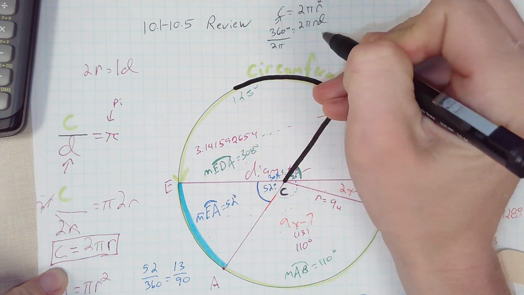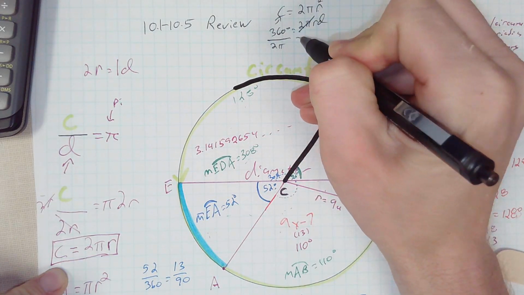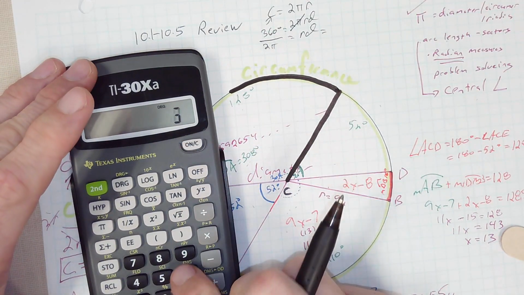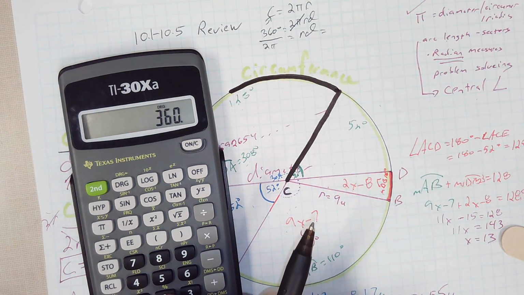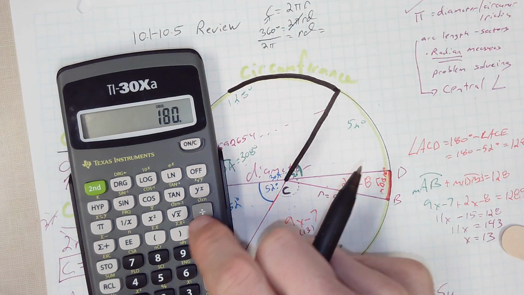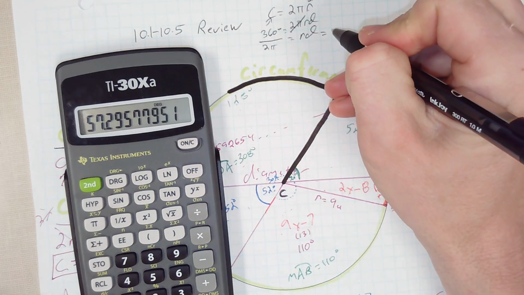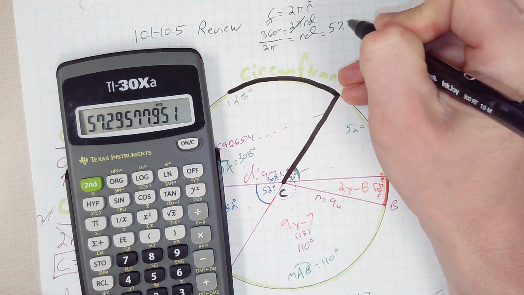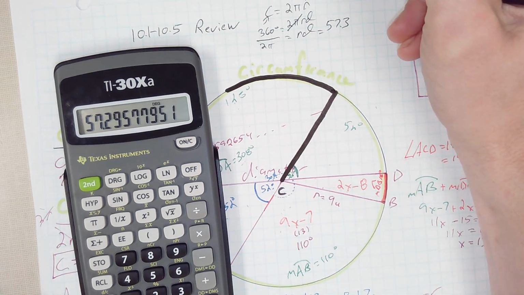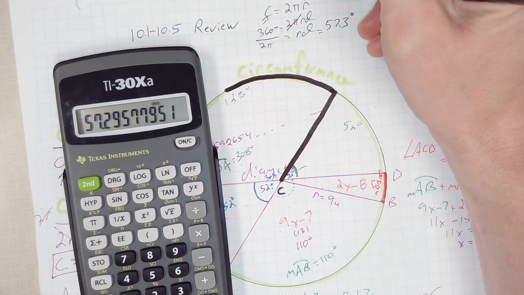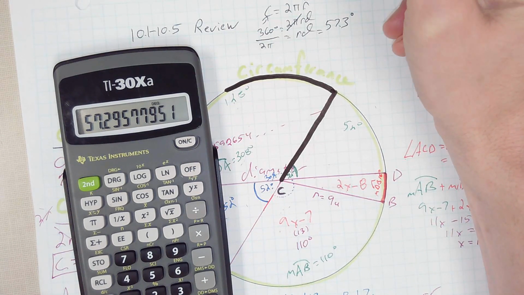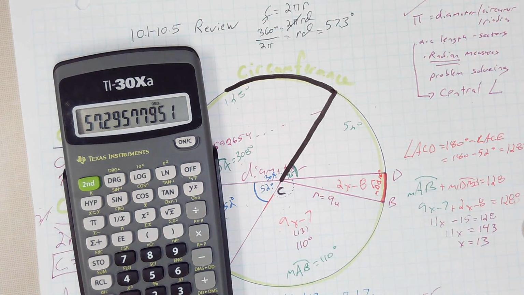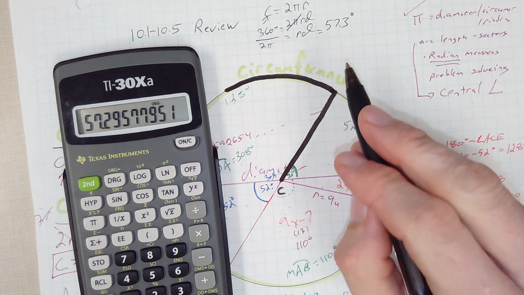Then you just go 360 degrees divided by 2 pi equals 1 radian, which is approximately 57.3 radians. Or degrees, excuse me. So 1 radian equals 57.3 degrees. Okay, so that's how you go from radians to degrees.